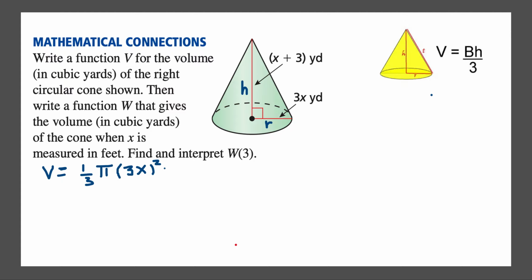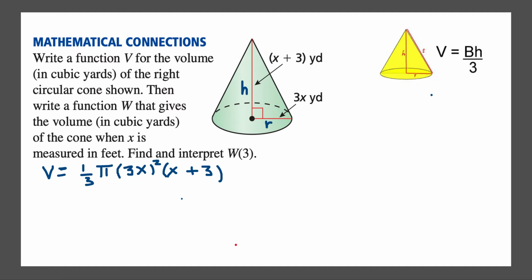And times h, but h is x plus 3, and b is the base of the cone, which is the circle, pi times r squared. So now h is x plus 3.